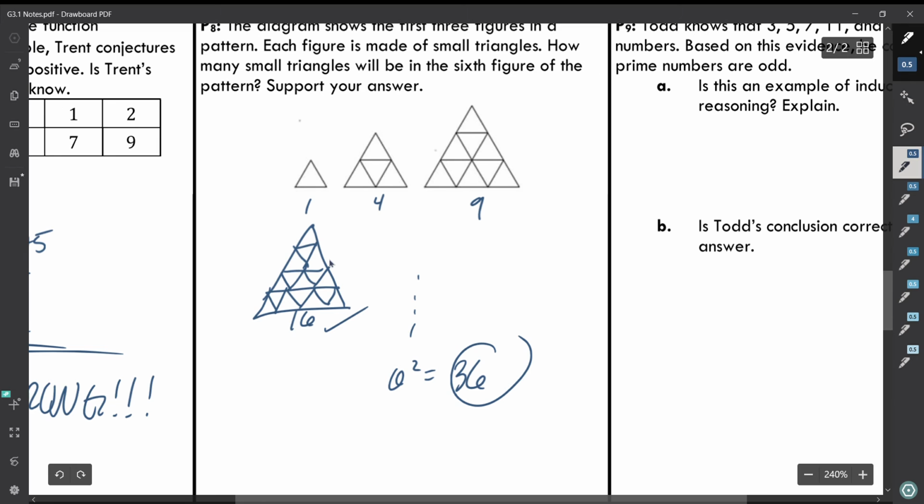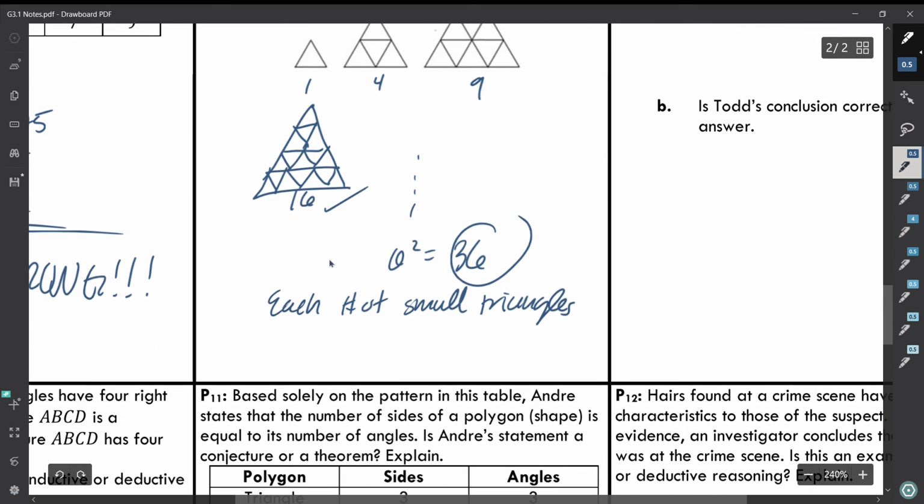That's what we're going to guess. Okay. Each number of small triangles is the figure number squared.